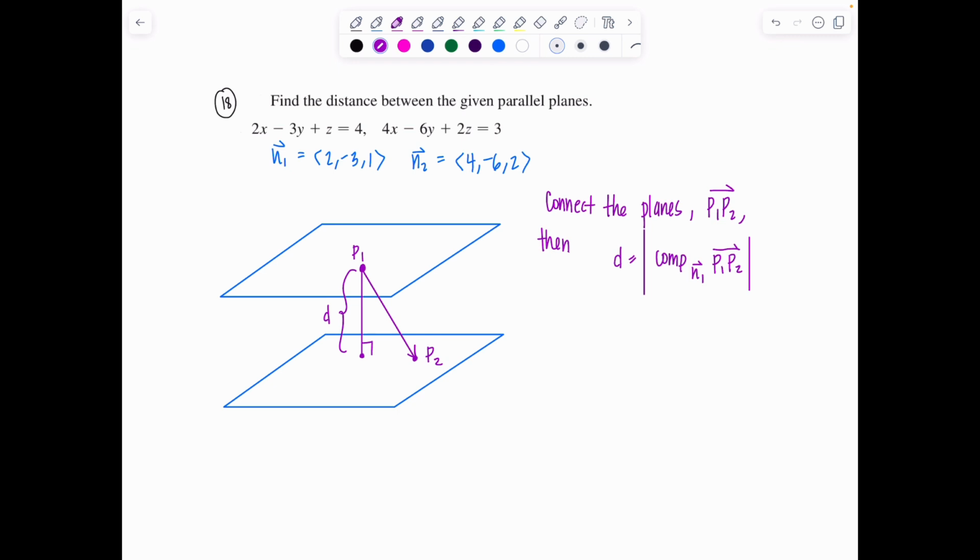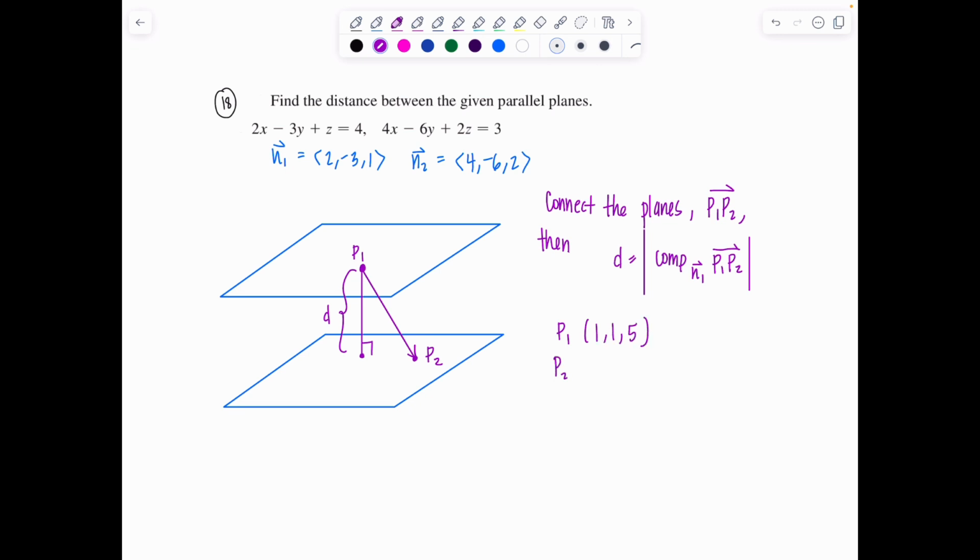Okay, so how do we find a point on each plane? Just plug in stuff for the first 2 variables and see what the third one's going to have to be. So if x is 1 and y is 1, then that's negative 1, z would be 5. So I'm going to call p1 1, 1, 5.